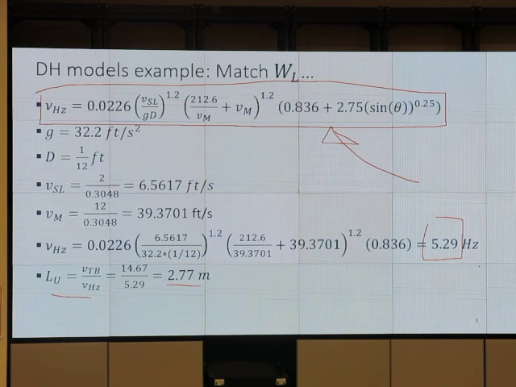Previously, we get total slug unit length from VTB over nu, right? That is total slug unit length. But this time we don't have nu. What we have instead of nu is the slug length. Okay. Do we have film length?